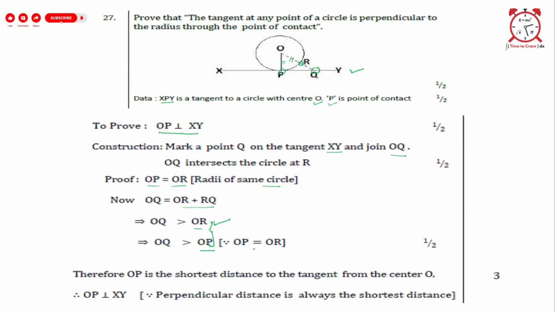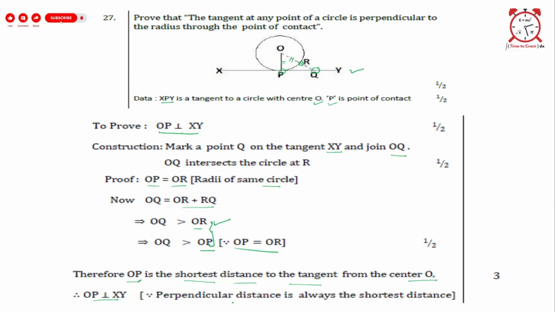Therefore OP is the shortest distance because OQ is greater than it. So it is the shortest distance to the tangent from the center O. Therefore the shortest distance is always perpendicular. Therefore OP is perpendicular to XY.